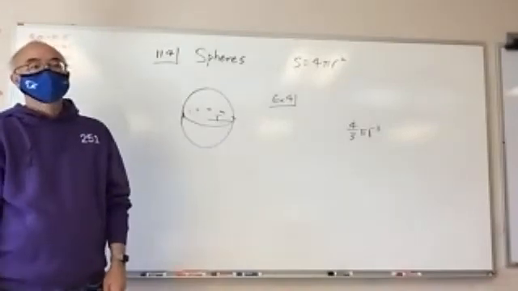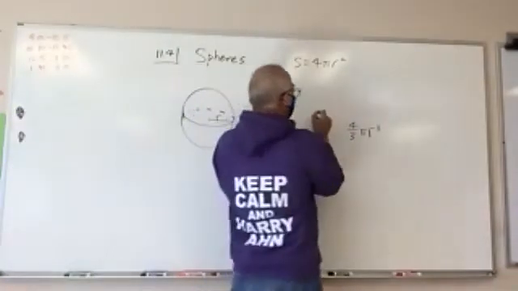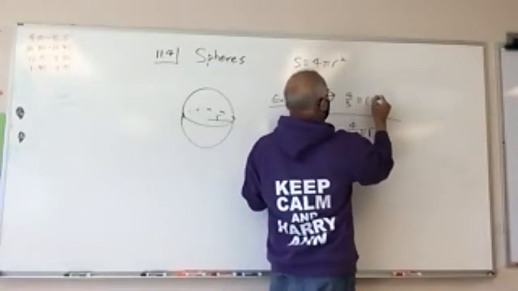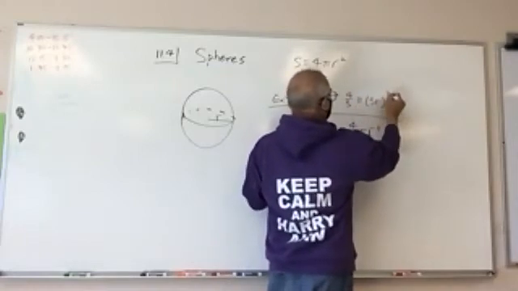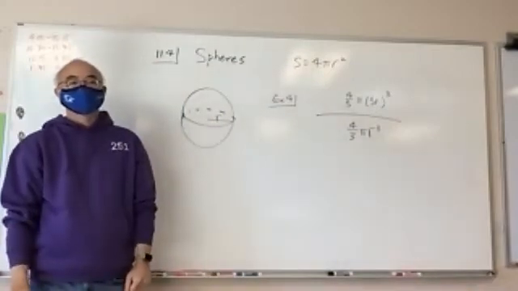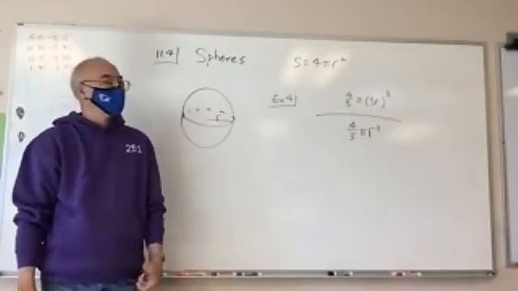This is our original volume. Our new volume, after we triple the radius, is going to be that. Does that make sense? Like triple the radius, right? That's what I did.